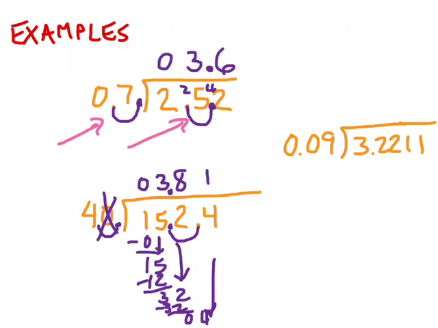Also, a good thing to note in this final example is that we don't just have to move it once. We can move it as many times as it takes. So if I'm looking at 9/100ths, I might jump it 2 places, again on both the divisor and the dividend, to make it 9 wholes. So I can move it as many times as it takes.